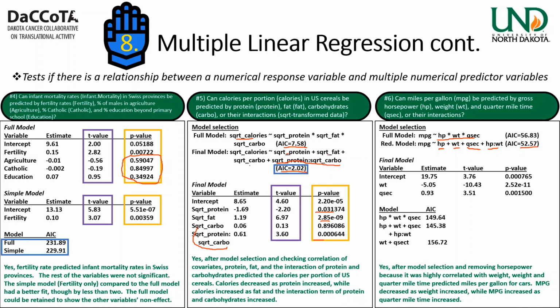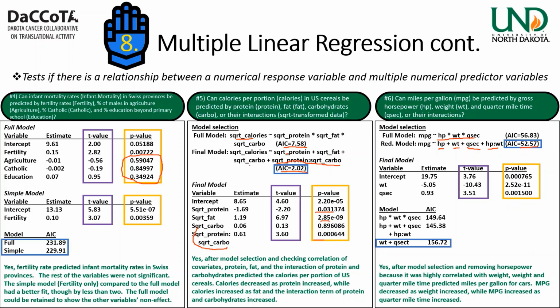But that wasn't the final model I ended up using, because it turns out that horsepower was highly correlated with weight, so we only want to include either weight or horsepower. So that's why I compared these models.